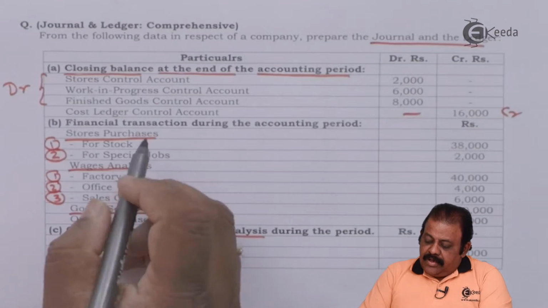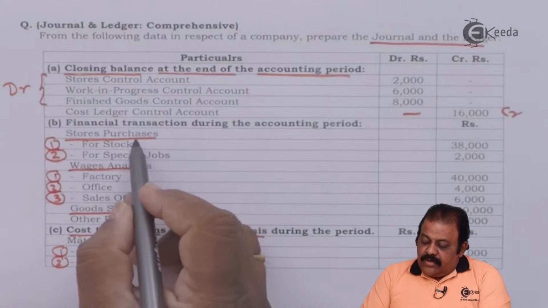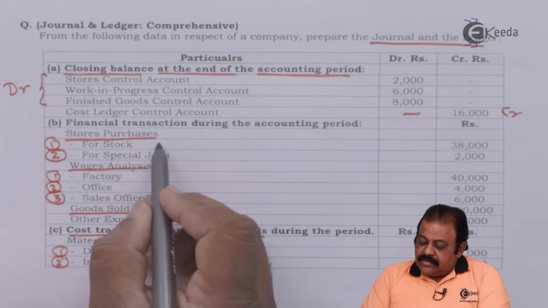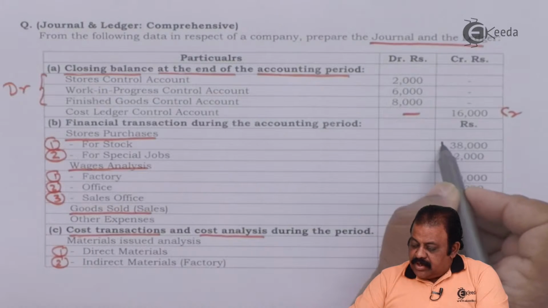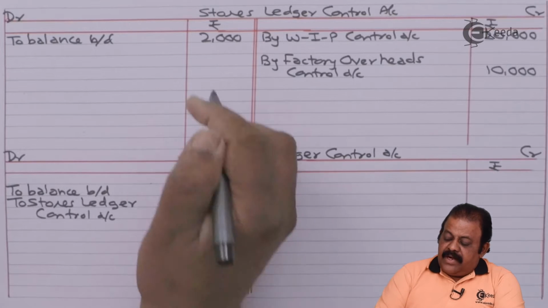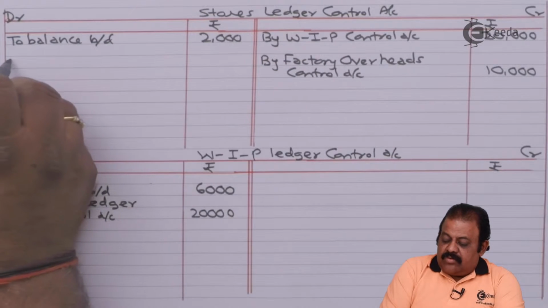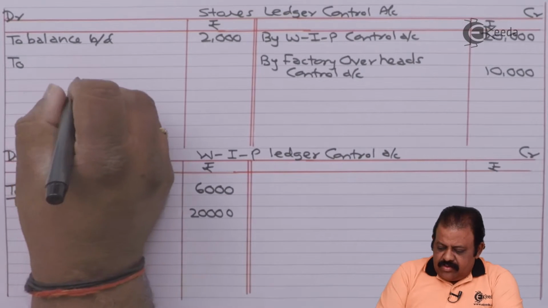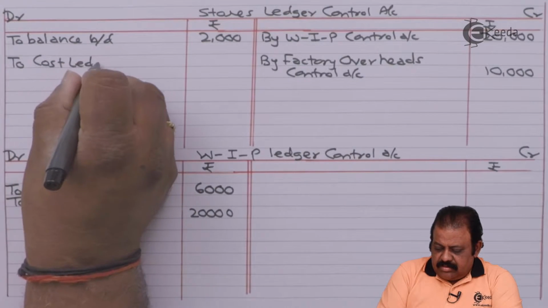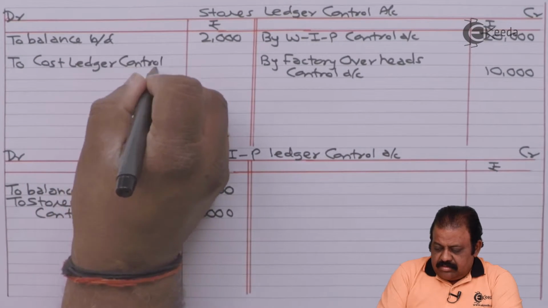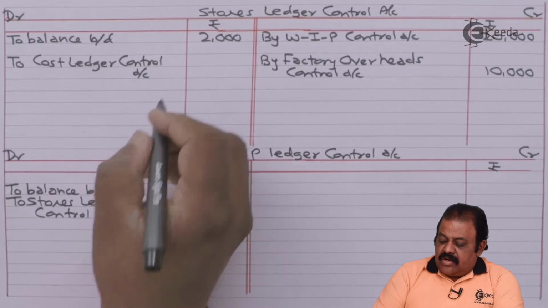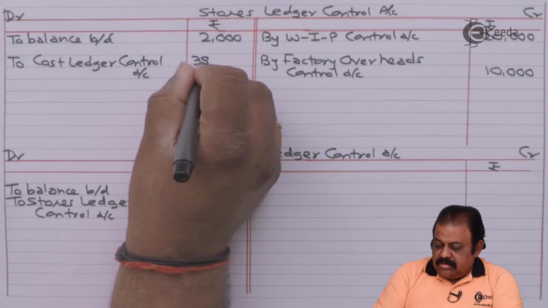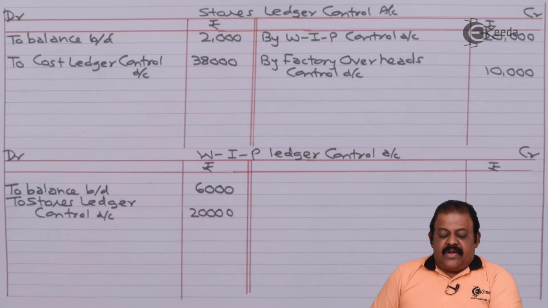Here we have details of stores purchased amounting to 38,000. This will be debited to stores ledger control account, to cost ledger control account 38,000.